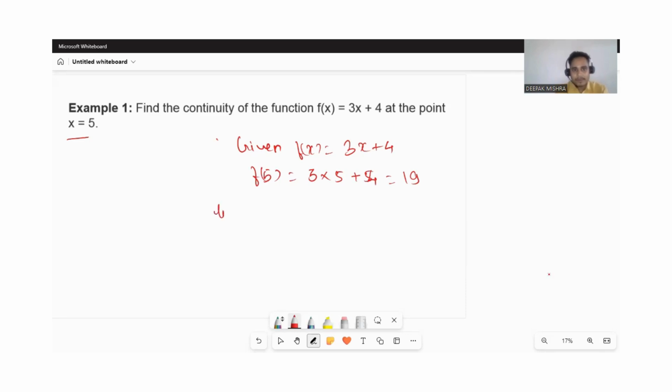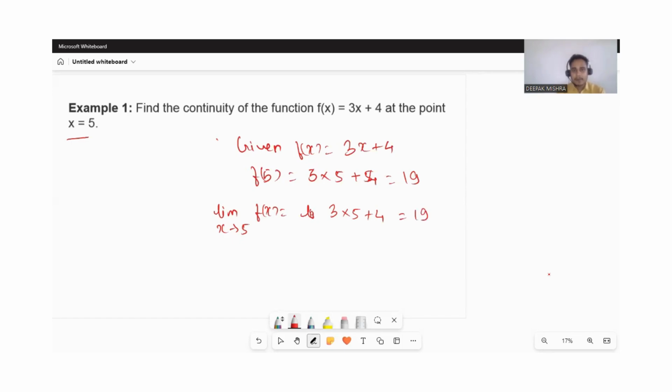So limit x tends to 5 of f(x). Here f(x) is 3x plus 4, so 3 multiplied by 5 plus 4. It is already given that x tends to 5, which means x approaches 5. So we get limit x tends to 5 of f(x) equal to 19 again.